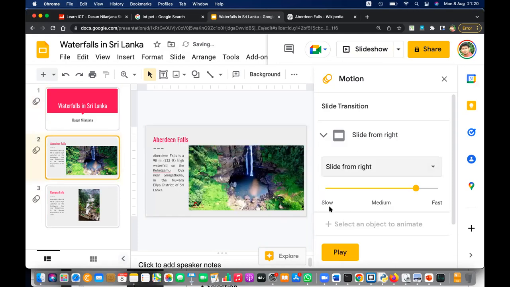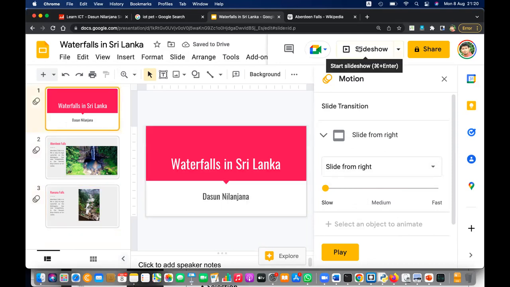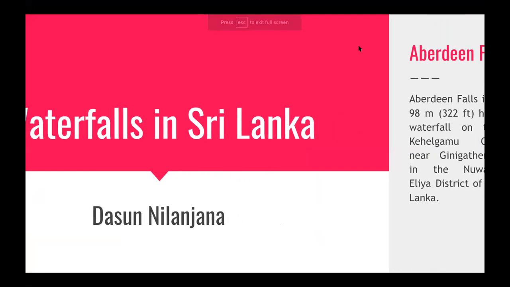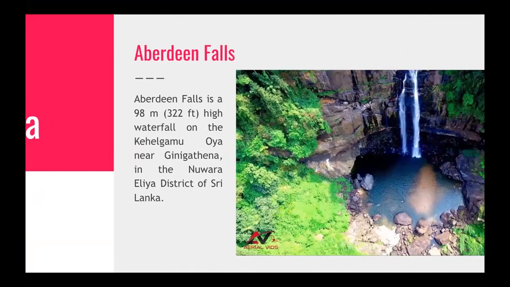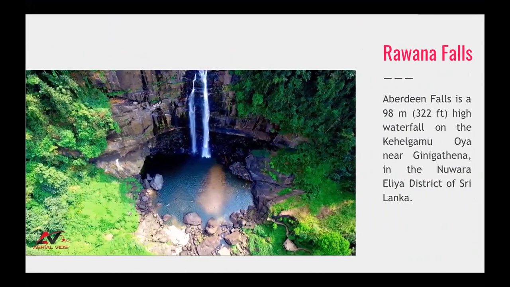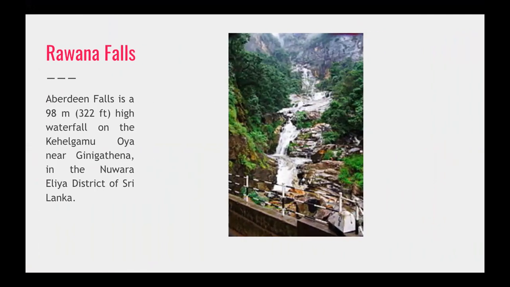Slide from right, slow. Let's see from the beginning now. Slideshow. Click, you can see the Aberdeen Falls. Click once, see the Ravana Falls. Okay, I hope you got it.